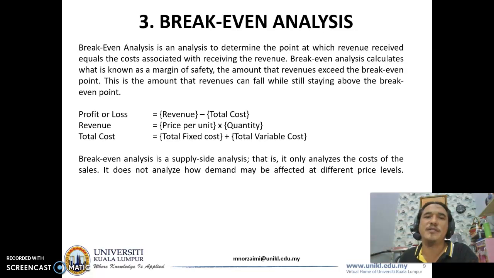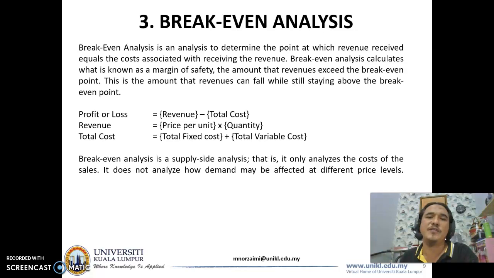This is the amount the revenue can fall while still staying above the break-even point. So how do we calculate the break-even point? Profit or loss is equal to revenue minus total cost. If we get a positive number, that means profit. If we get a negative number, that means loss.